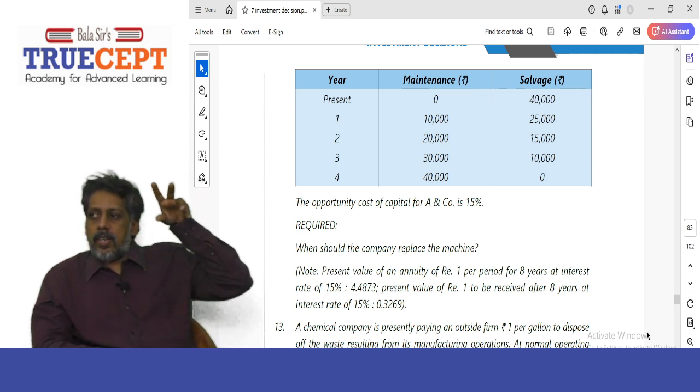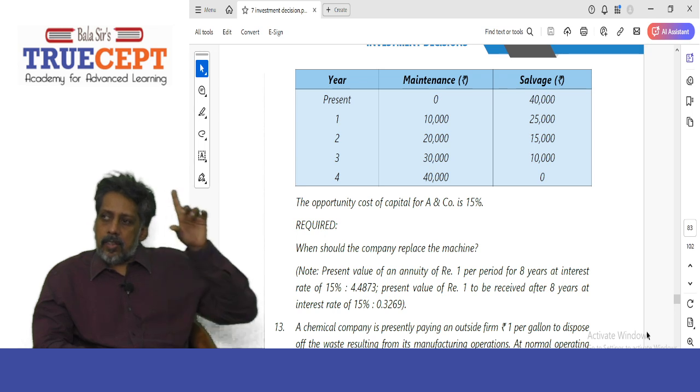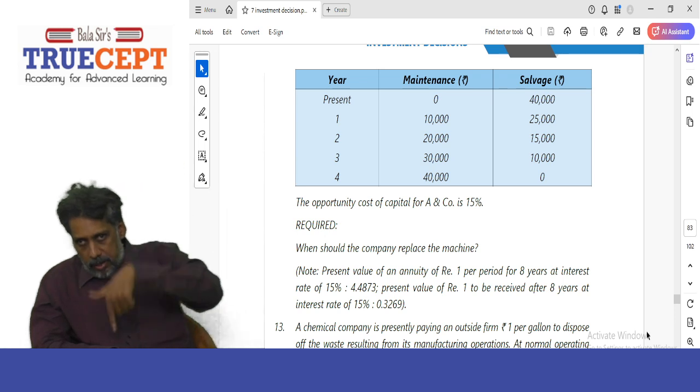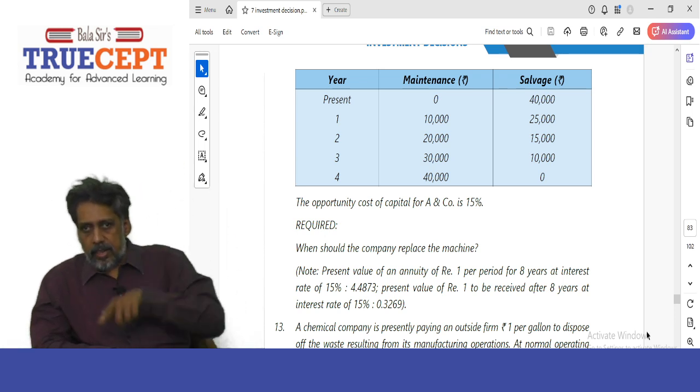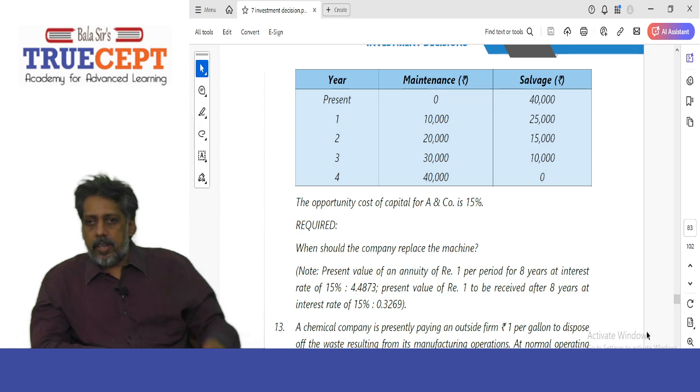That means without incurring any maintenance cost on the existing machine, it can be sold in the market for rupees 40,000. But in case you're going to use this existing machine for 1 year and then sell it, for that 1 year you have to incur maintenance cost of 10,000 rupees, and you can sell the existing machine for 25,000 rupees.